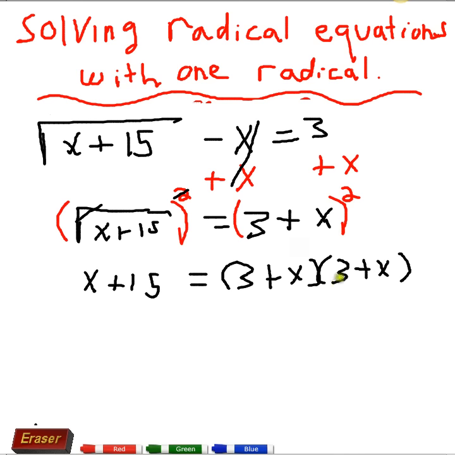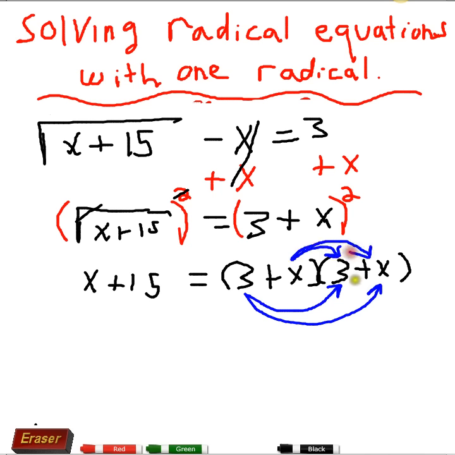So the first thing we have to do is distribute this out. I always like to draw arrows. It's always the first times the first, then the first times the second, then the second times the first, and the second times the second.